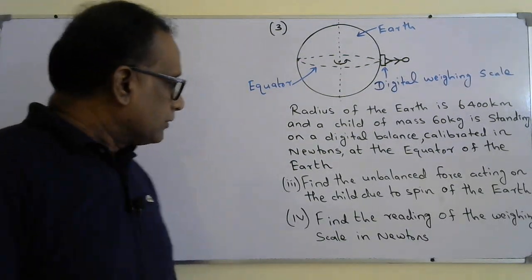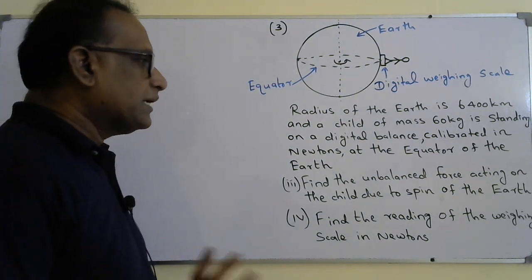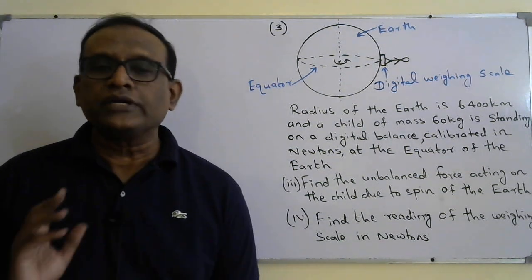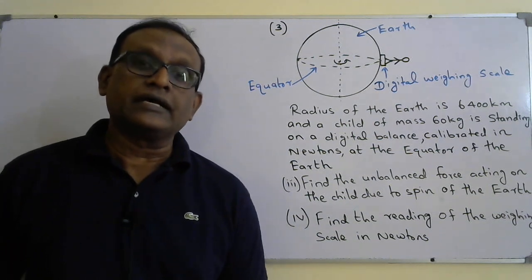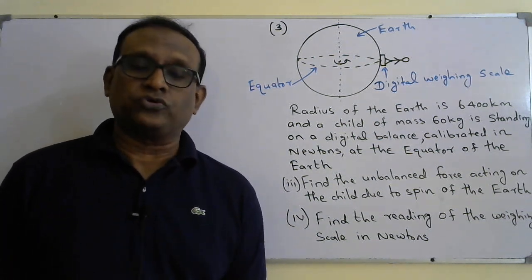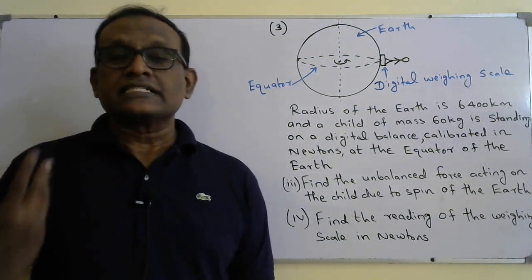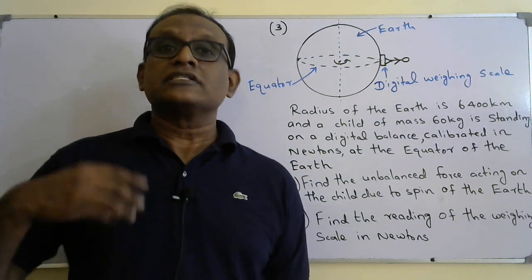Okay, so third part, find the unbalanced force acting on the child due to spin of the Earth. If you ask this question for a Unit 1 child or someone in IGCSE, they'll say there is no unbalanced force, because normally when you stand on the ground at rest, the resultant force acting on the person will be equal to 0.